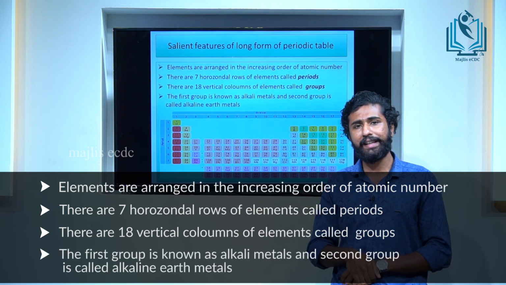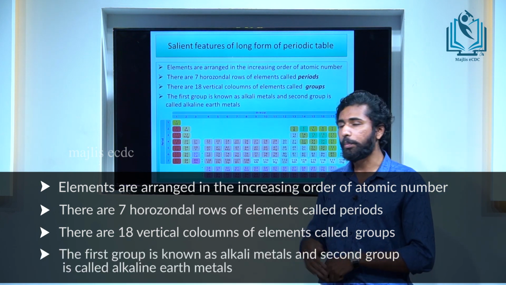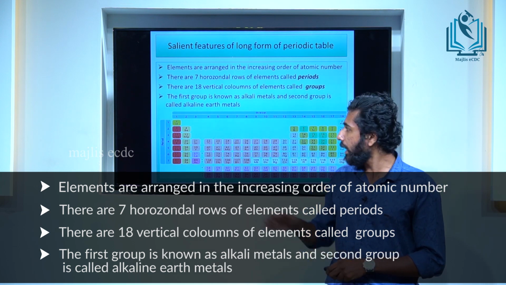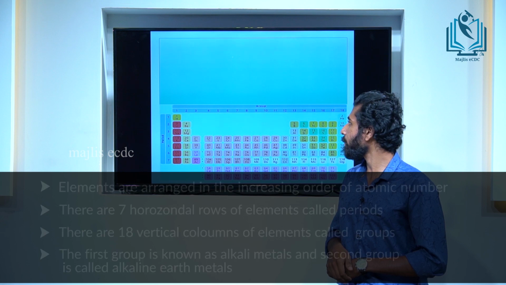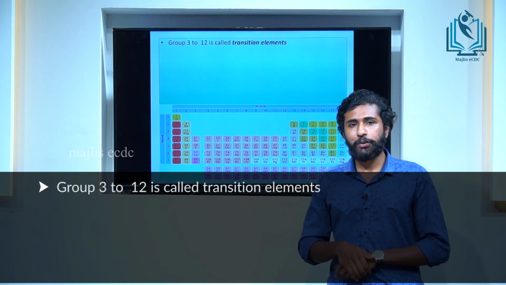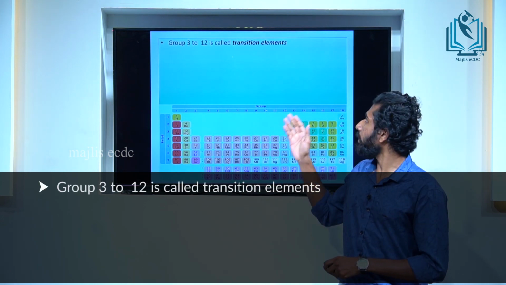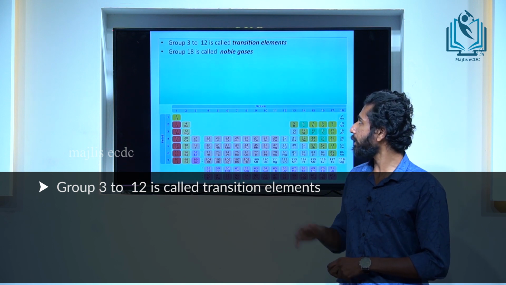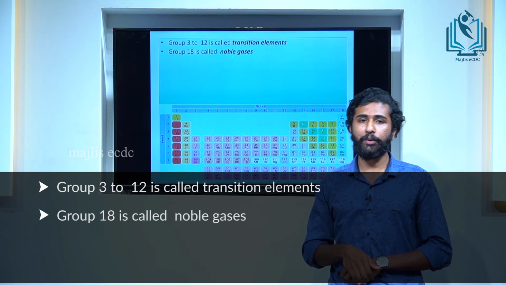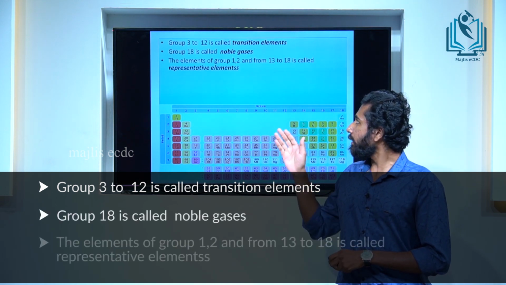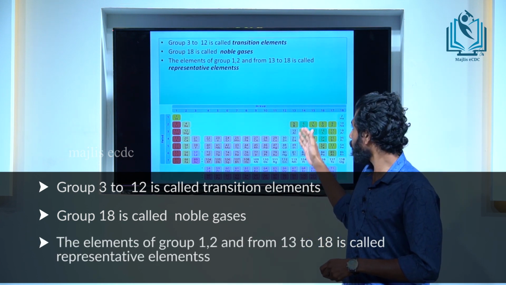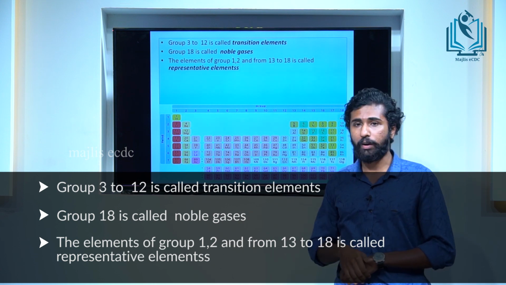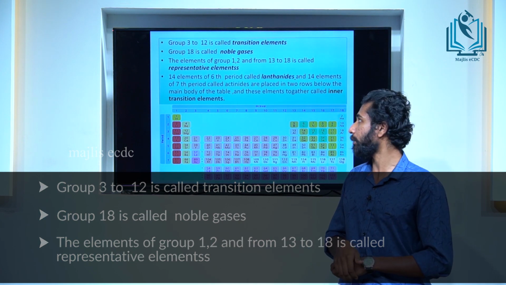Out of these 18 groups, the first group is known as the alkali metals and the second group is known as the alkaline earth metals. Groups 3 to 12 are called transition elements, and group 18 is called the noble gases. The elements of groups 1 and 2 together with groups 13 to 18 are called representative elements.